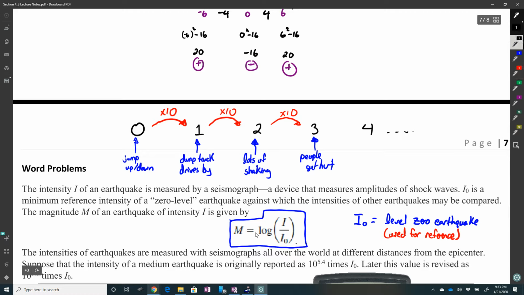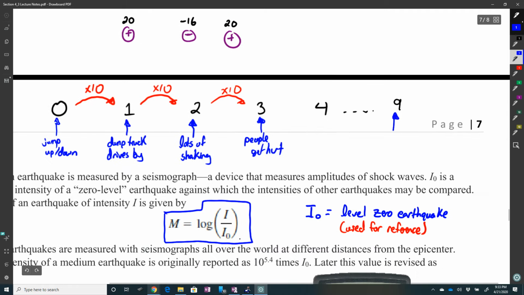Now, if you wanted to have a 9, this is the really huge ones that you see, like the Japan earthquake or something. It affects the entire nation. And then you can keep on going, and then you get crazy stuff.